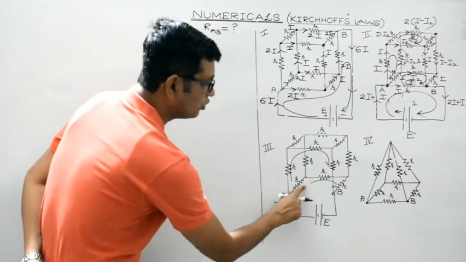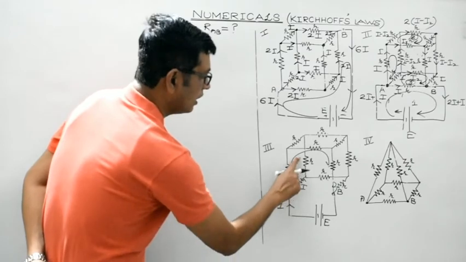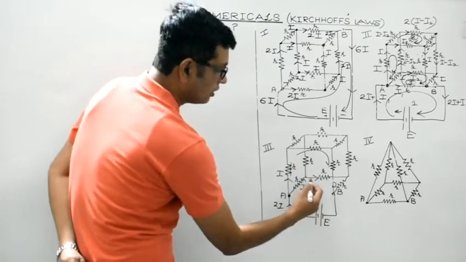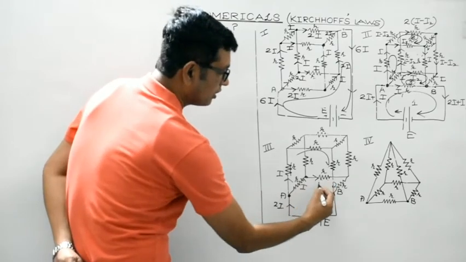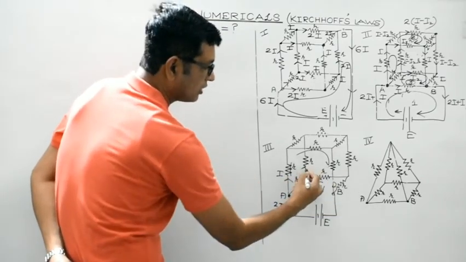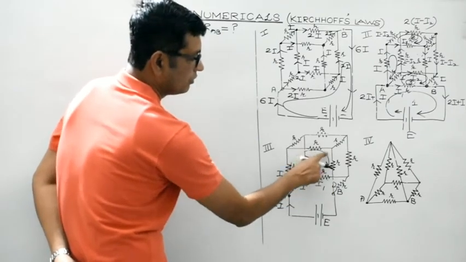So it will get distributed. Here it will be I, and in this branch the current would be I. Suppose here the current flowing is I1. So out of I current, I1 flows through this branch, so the remaining current I minus I1 will flow across this branch.